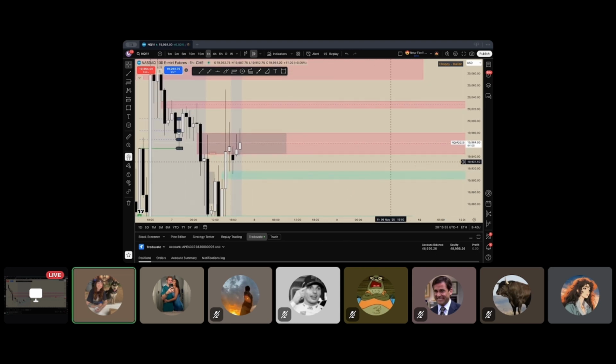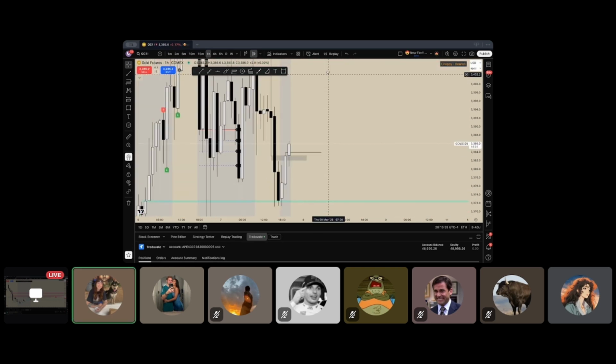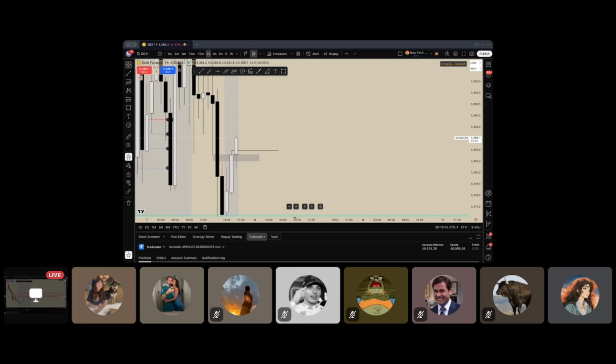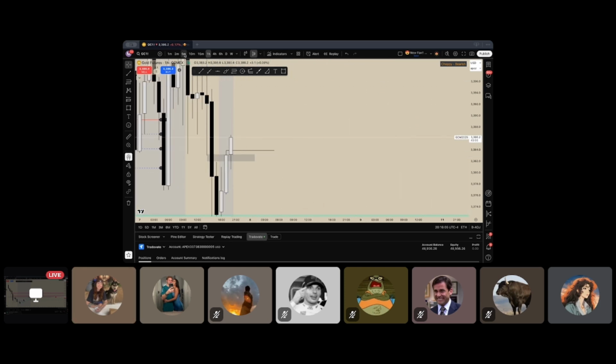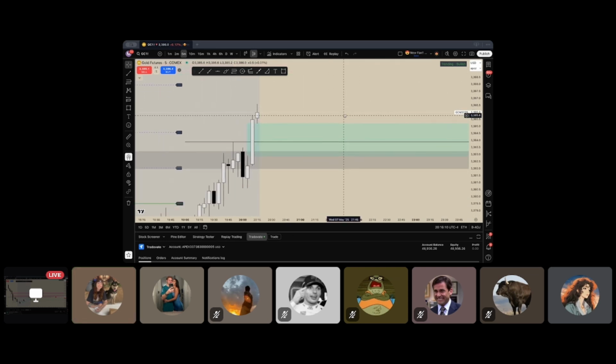Look at that, that's just falling, and gold is going crazy. Gold is going insane.